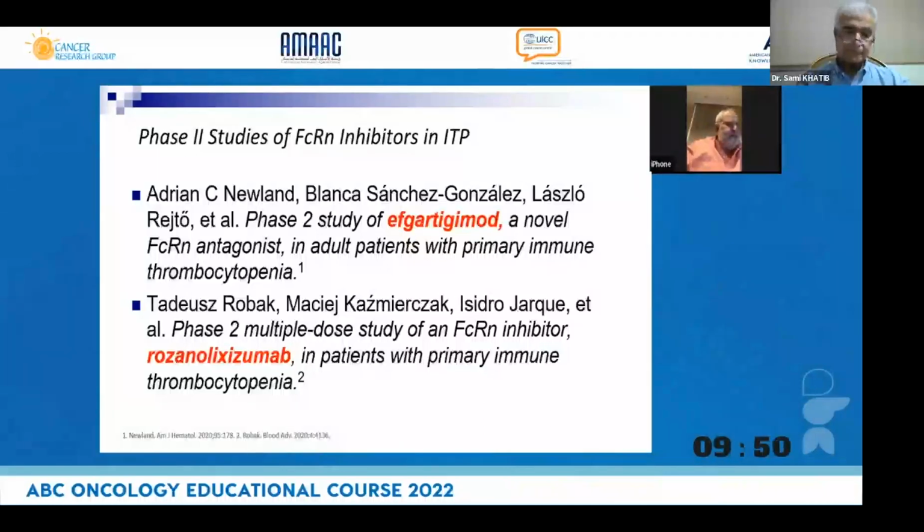No decrease in immunoglobulin M, E, A, or albumin, and it was showing a clinically meaningful increase in platelet count versus placebo. 50% of patients came on study. Of note, 50% of patients came on study with platelet count less than 15,000, which is very pertinent. And phase 3 trials are launched and awaited.